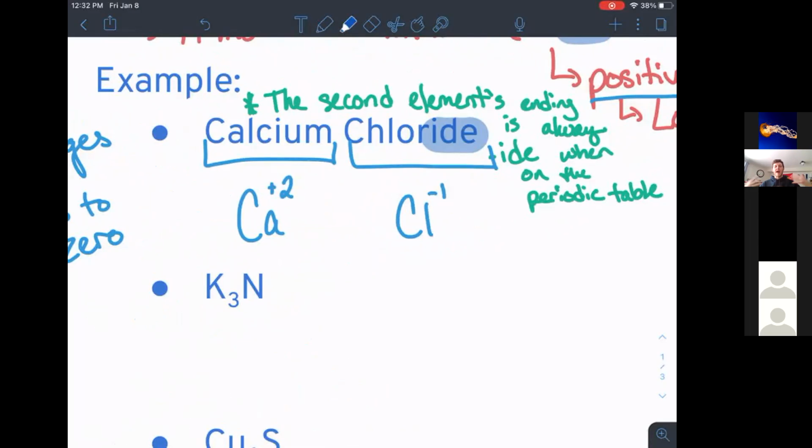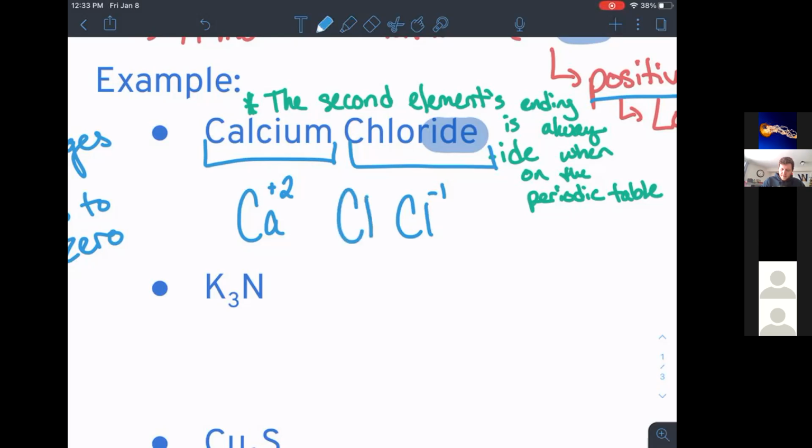So right now, if we add those two numbers together, are we going to get a charge of 0 for this formula? No. All right, so what do I have to do? Do I need to add another chlorine or another calcium? Another chlorine. Awesome, we're going to add another chlorine.